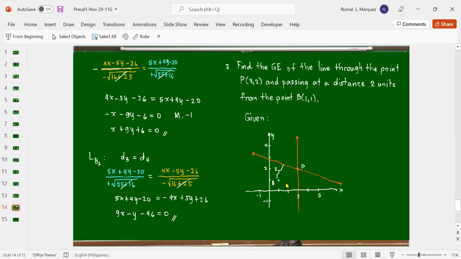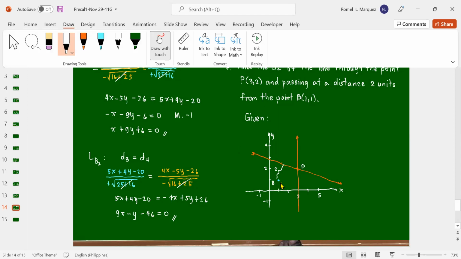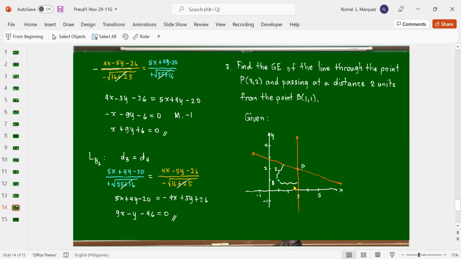Because this is 1, 2. This is also 1, 2. So there's another one, but it's a trivial one, no? If you're not going to plot, you will not be able to see this one, no? This is also 2. Okay, guys?